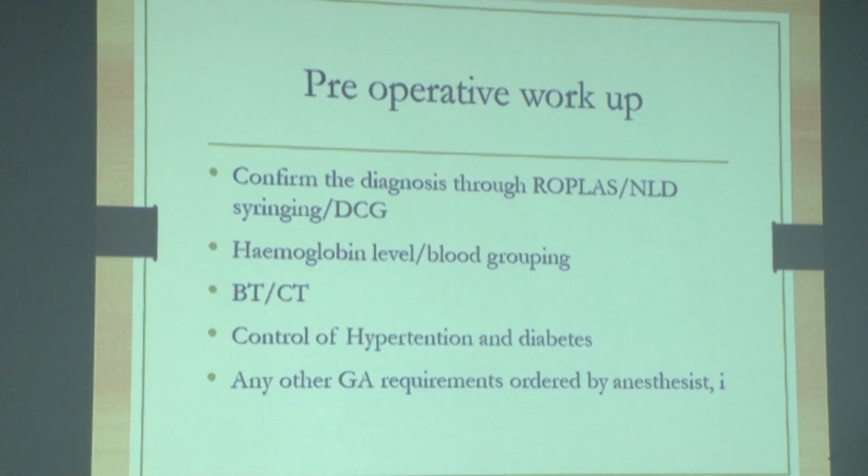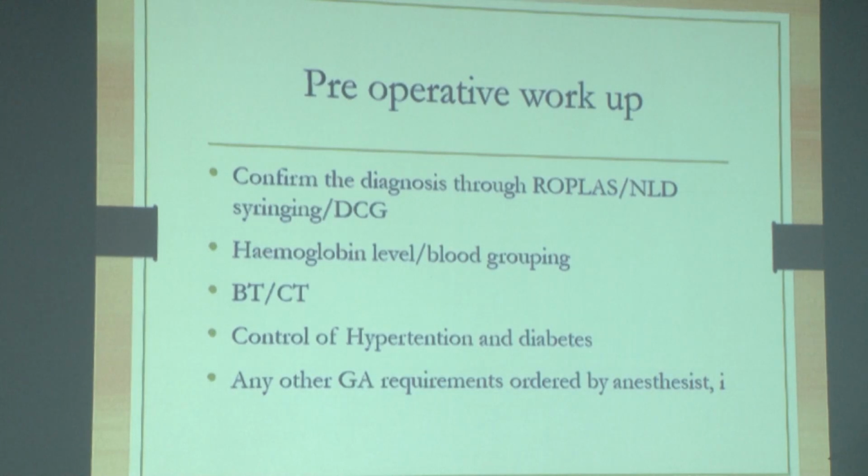DCR is notorious for hemorrhage. Before we do it, there are many chances that we may misdiagnose a case of epiphora as NLD block. So first confirm the diagnosis of nasolacrimal duct block, and the simplest method is a positive regurgitation test. You just press over the medial canthus, and there will be regurgitation.